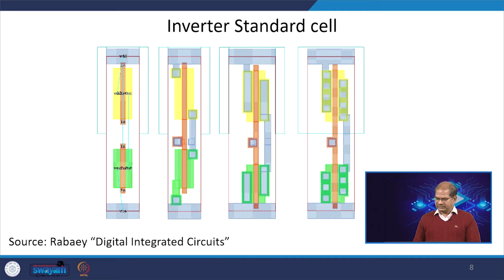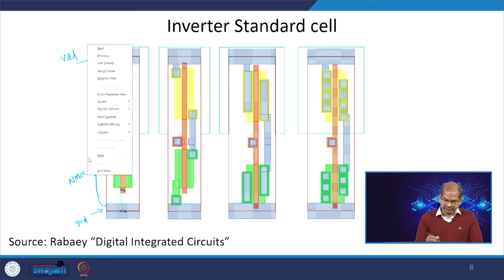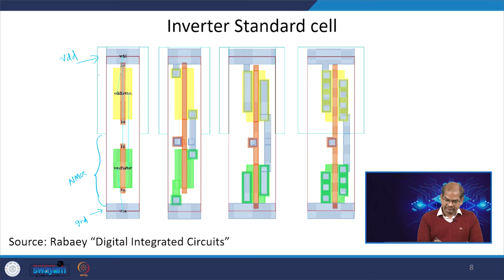If you can see here in the first case, this is your ground line, this is your VDD line, and from here to here is your NMOS and here to here is our PMOS.